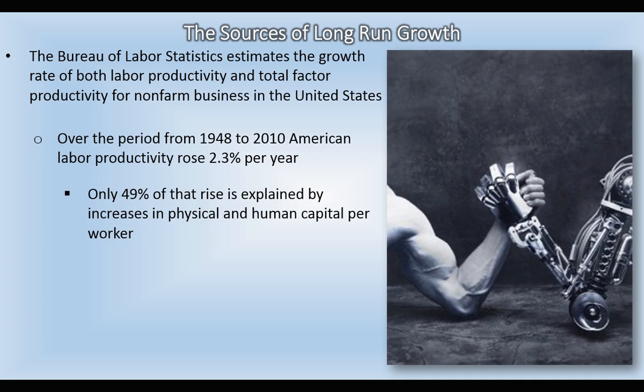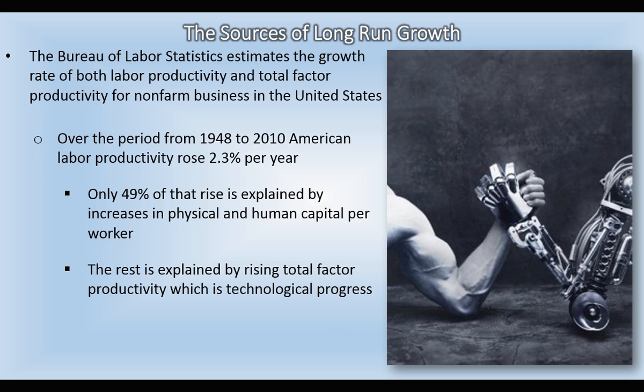Only 49% of that rise is explained by increases in physical and human capital. And therefore, the residual, the leftover, must be due to the increase in technological progress. So again, the rest is explained by rising total factor productivity, which is technological progress.